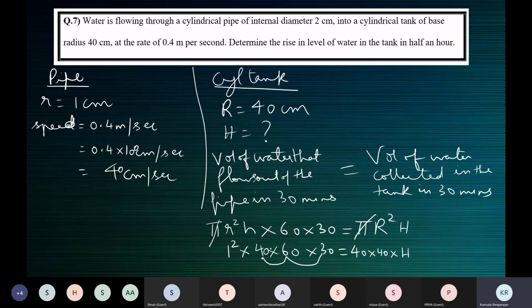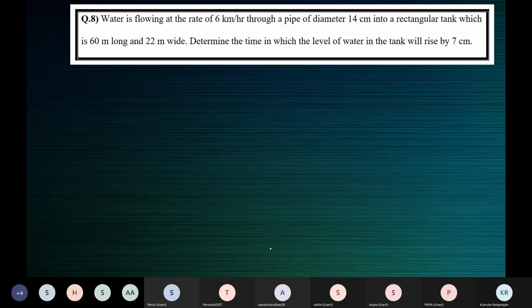That is the volume of the water that comes out of the pipe in 30 minutes, and it's equal to the volume of the water collected in the tank in 30 minutes. So the radius we know, and h is what we have to find. That's all. Try this one.